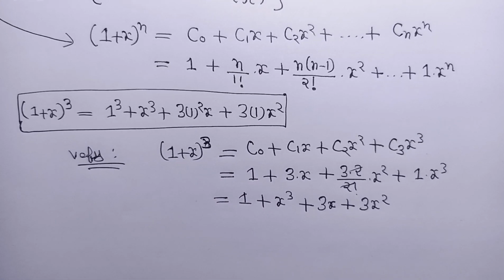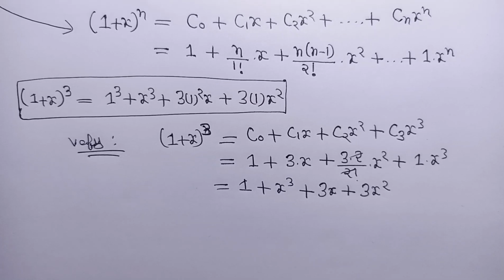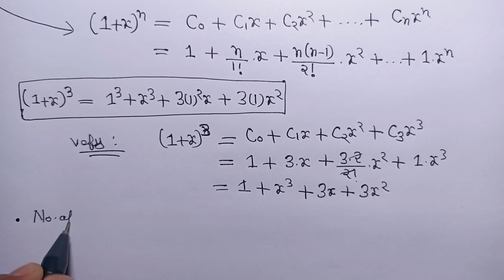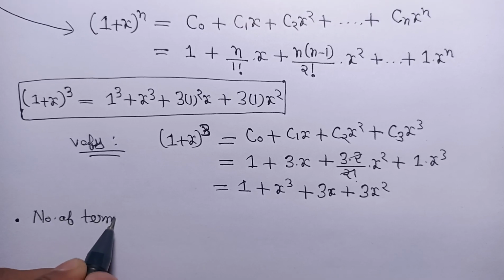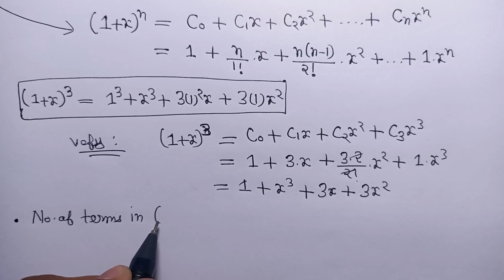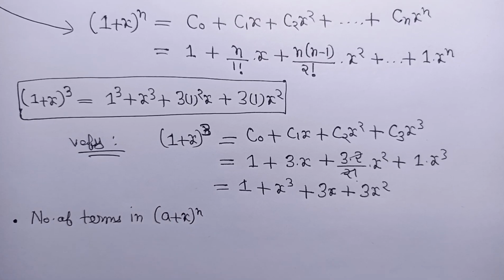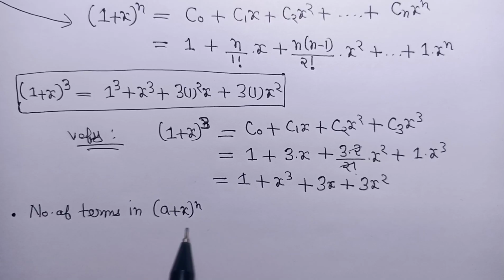So this is just a use case of binomial expansion, or you can say binomial theorem. So thing is, the number of terms in (a + x) whole power n. How many number of terms in this expansion?